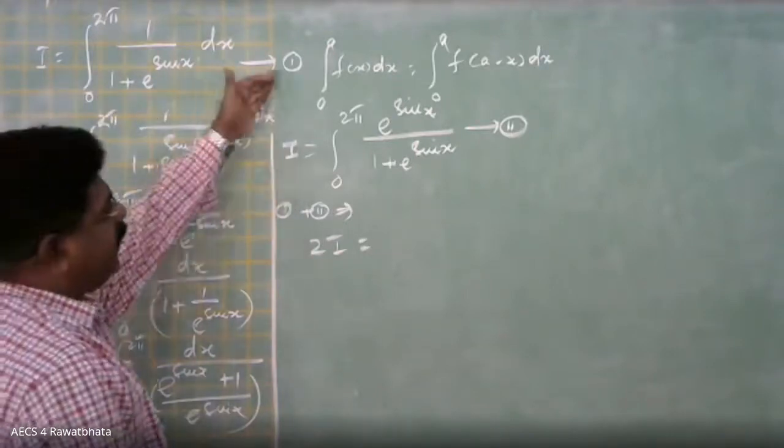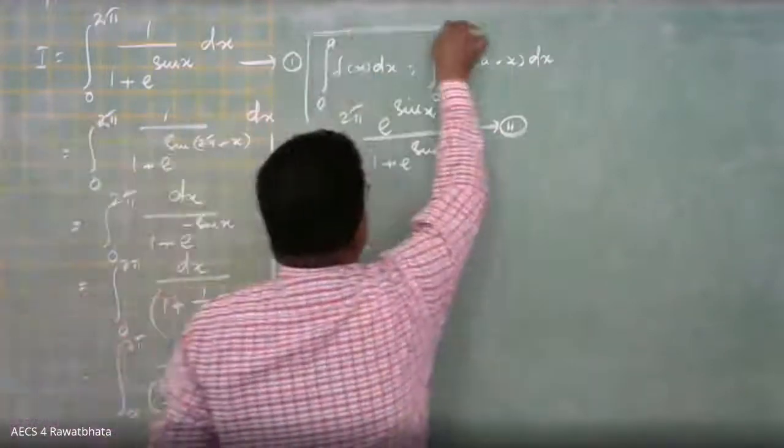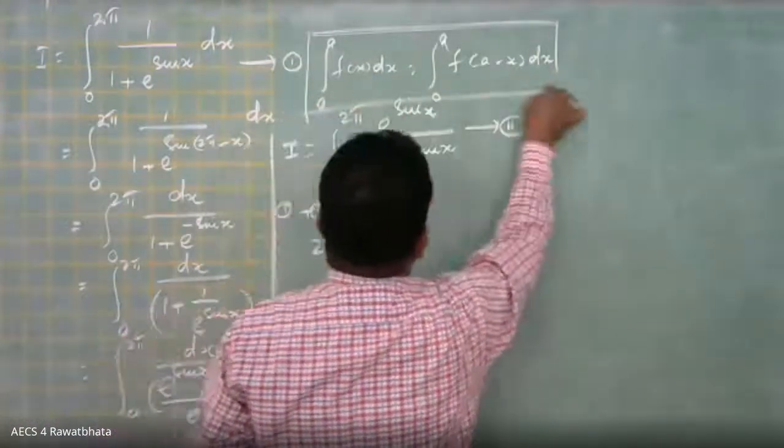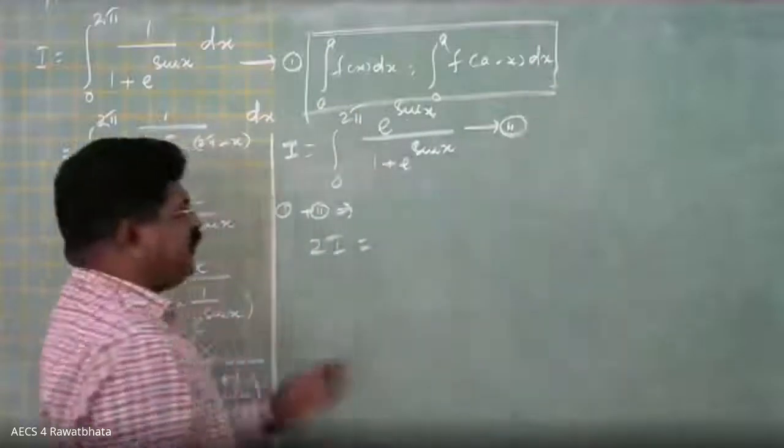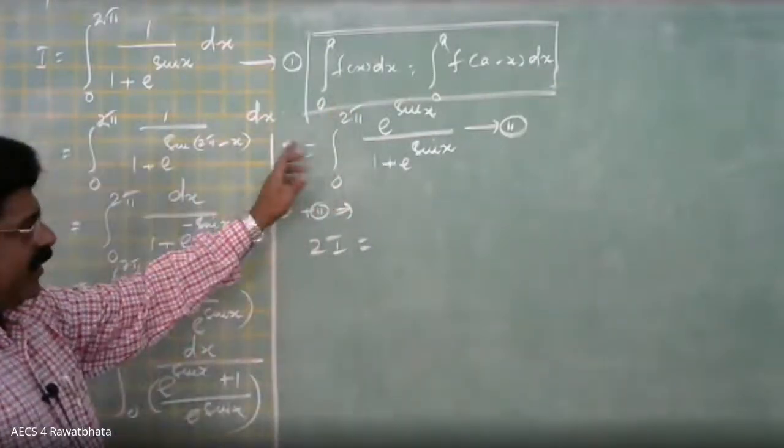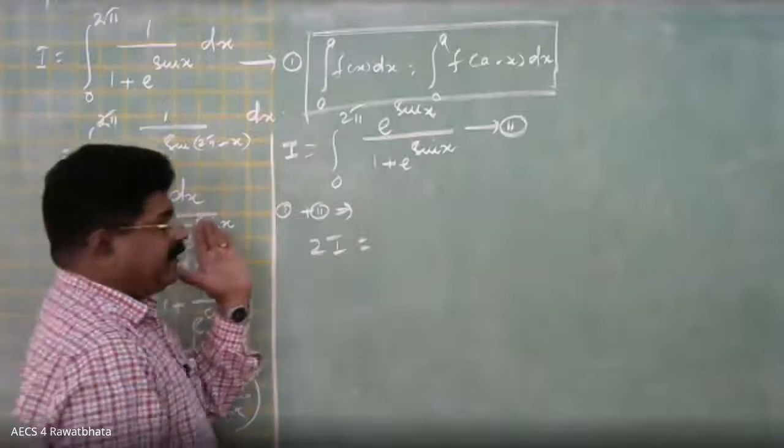Here again, after applying the property that the integral from 0 to a of f(x) dx is equal to the integral from 0 to a of f(a minus x) dx, we got this one. So there is no change in the value of the integrand.